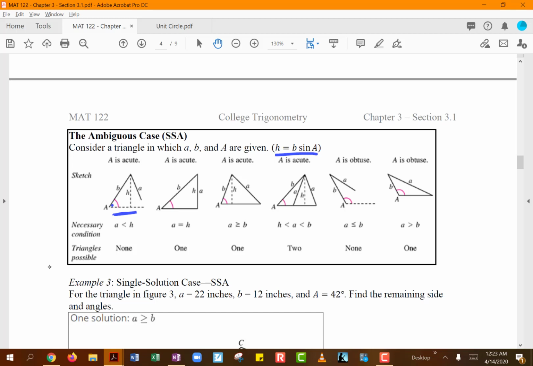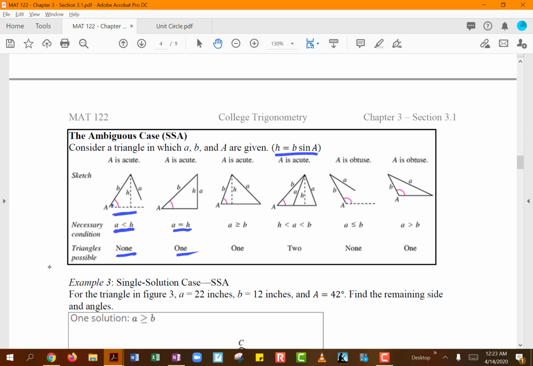So they're saying if you have an acute angle where your side A is less than your side H, that perpendicular in the middle, you will actually have no triangle which would satisfy that condition. Again, in an acute angle, if your side A is equal to the height of your triangle, then you can get one triangle which would satisfy your condition.